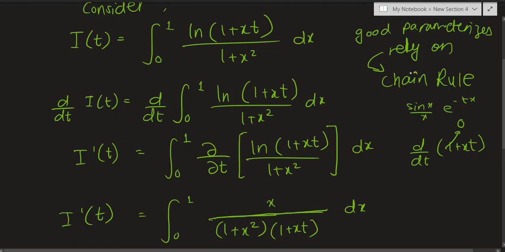That may not be always, but in most cases it does. So that's why both of our option 1 and option 2 of good parameterization work, because they rely on the chain rule, and they exploit the fact that the derivative of the natural log is just the reciprocal of the inside function.